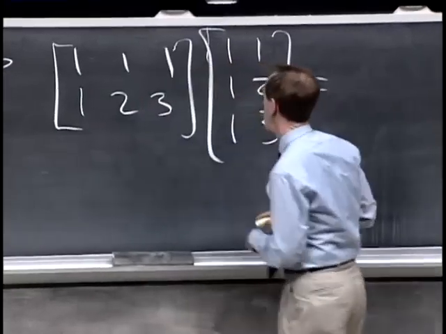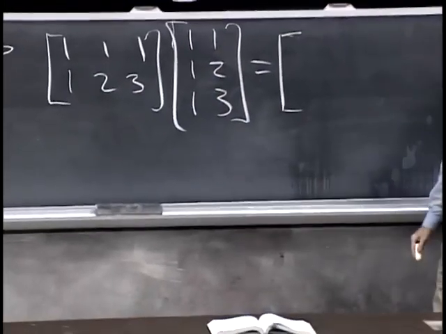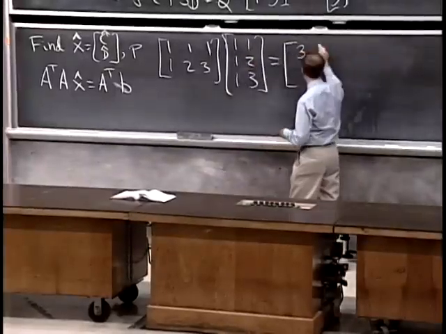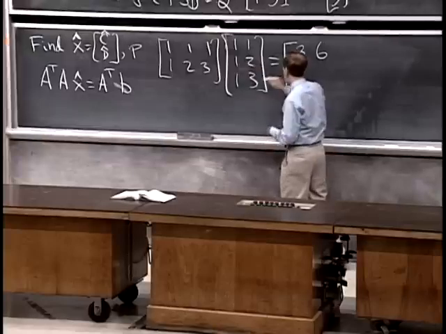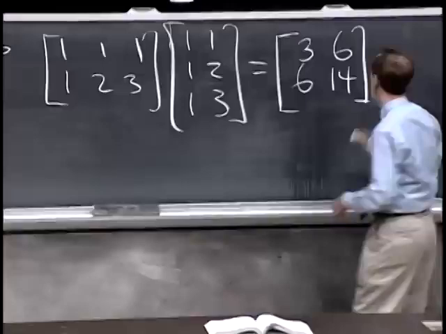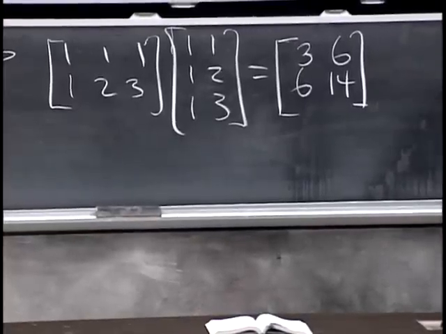That gives me a matrix. What do I get out of that? 3, 6, 6, and 14. And what do I expect to see in that matrix?